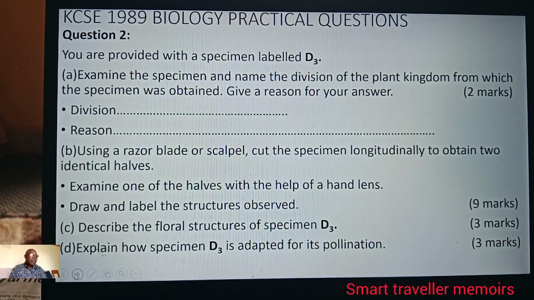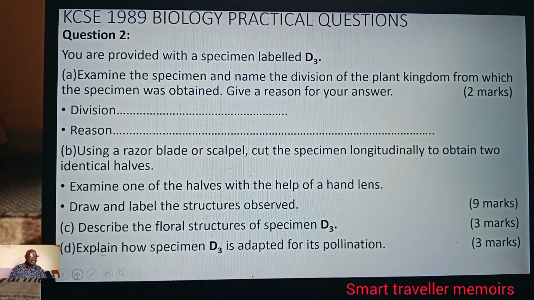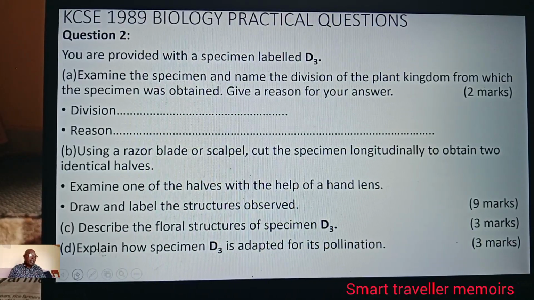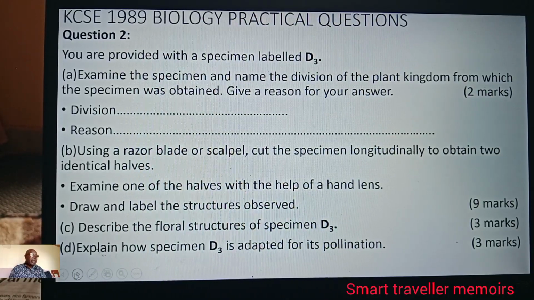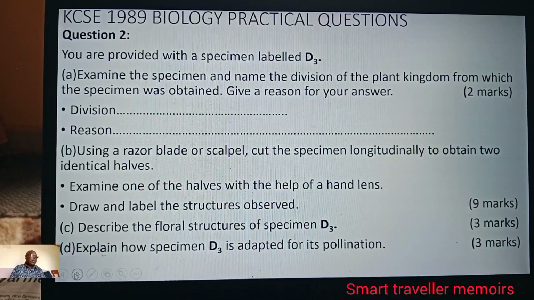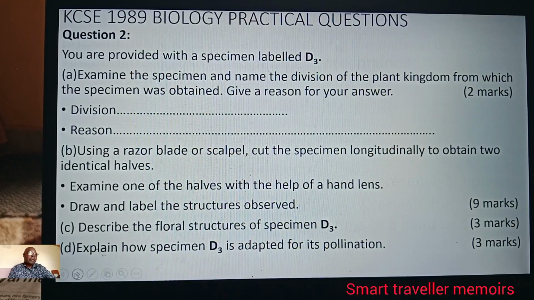Examine one of the halves with the help of a hand lens, draw and label the structures observed. You get 9 marks. Part C, describe the floral structures of specimen D3, 3 marks. And finally, explain how specimen D3 is adapted for its pollination.